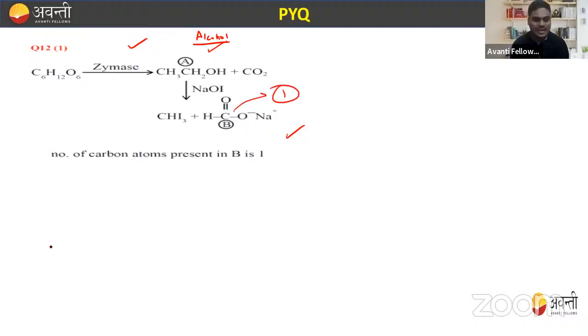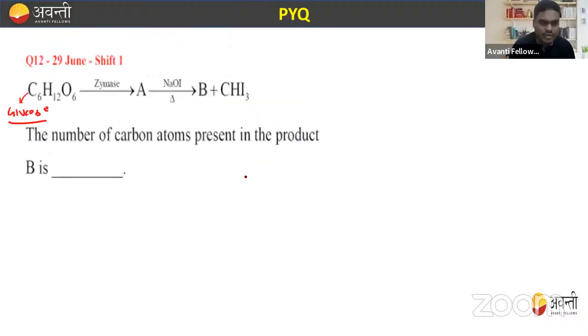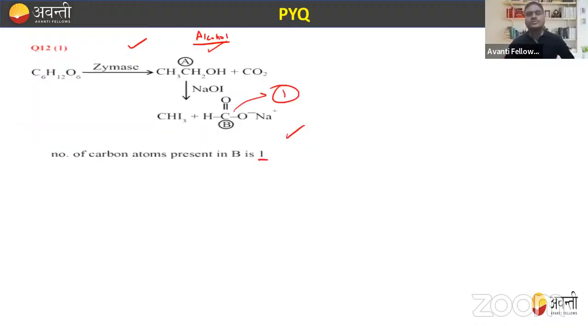So the correct answer is that the number of carbon atoms present in B is one only. Just to recall, when glucose is treated with zymase, alcohol is formed. Now when this alcohol is treated with NaOI, the sodium salt of formic acid is produced. So this is all about this question: they are basically asking the number of carbon atoms present in B, and we can easily observe that it is one only. So one is the correct answer.